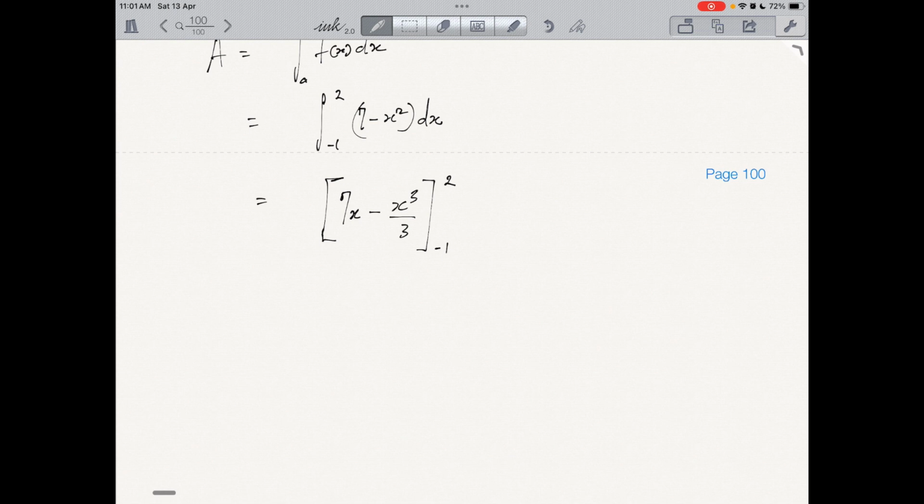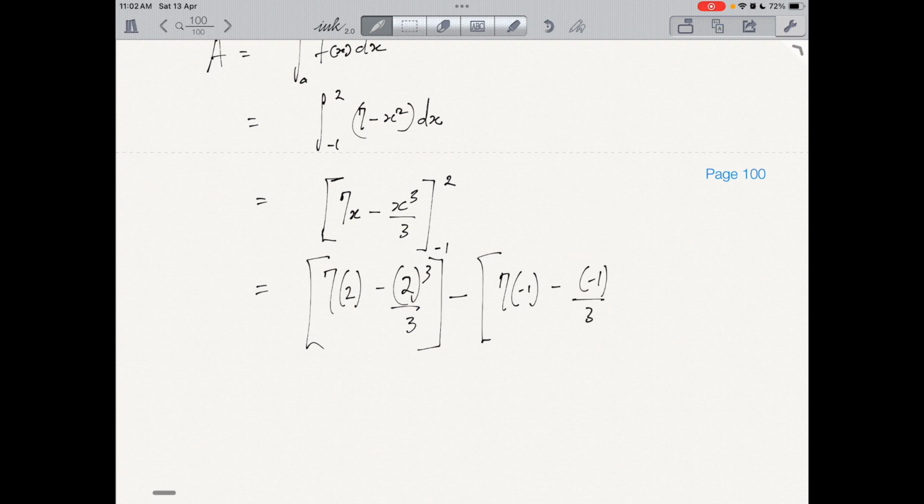So we input the lower limit and we input the upper limit. This will give us 7 into 2 minus 2 raised to power 3 over 3, that's for the upper limit. And now for the lower limit, that is 7 into minus 1 minus minus 1 cubed divided by 3.